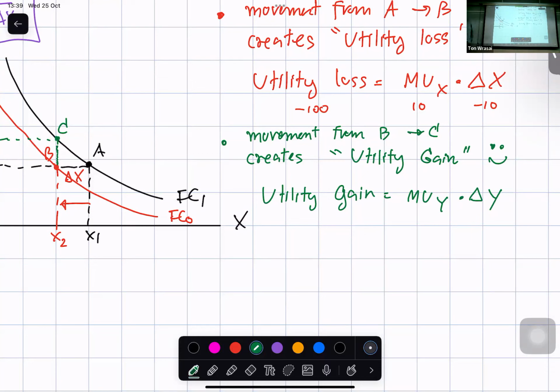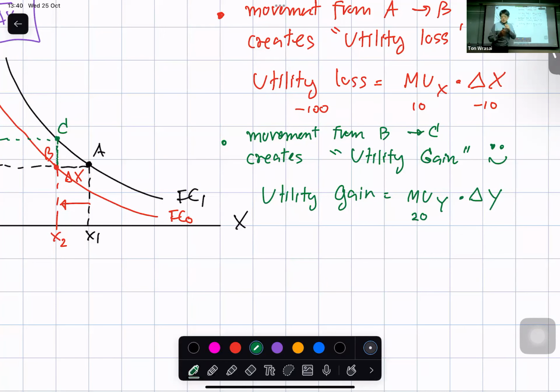And the utility gain that he received equals marginal utility from Pepsi times the amount of Pepsi that we give him, the amount of Pepsi that we compensate him, this delta Y. For example, let's say MUY equals 20.